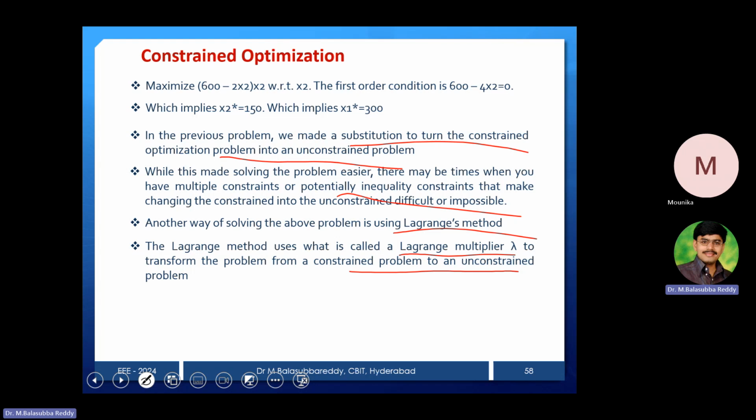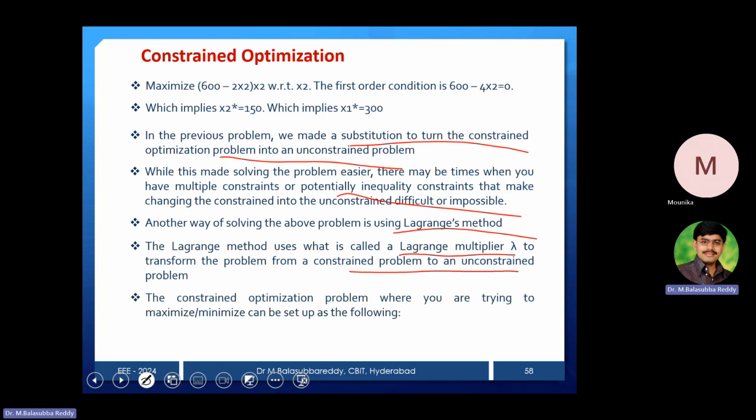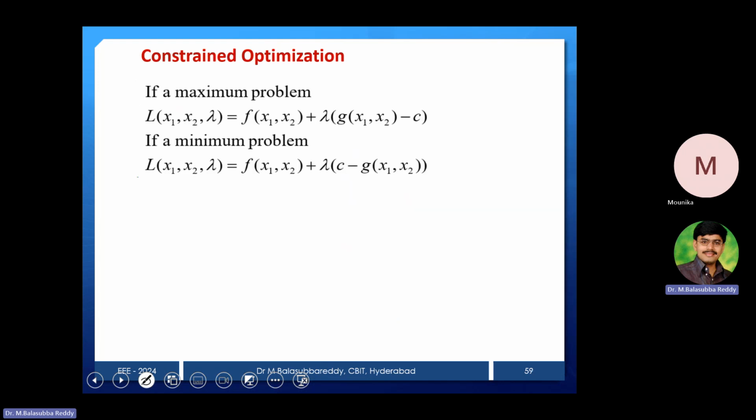So now, instead of substituting these variables and minimizing or maximizing the problem, however many constraints there are, you can incorporate everything into it.